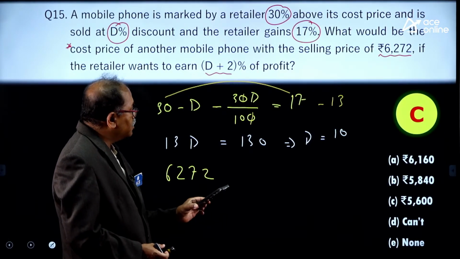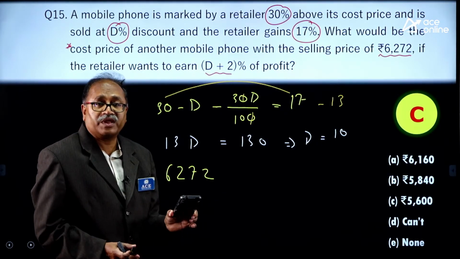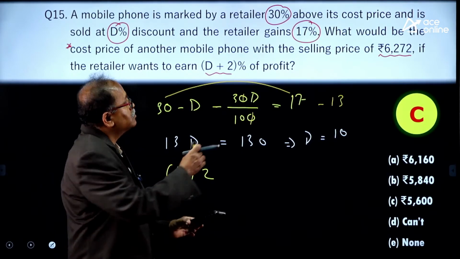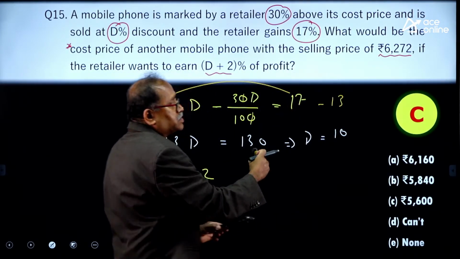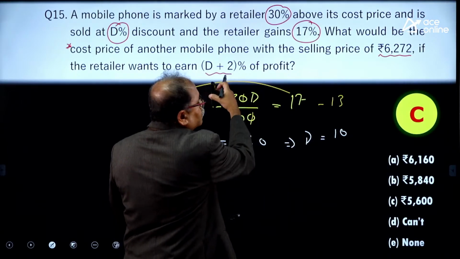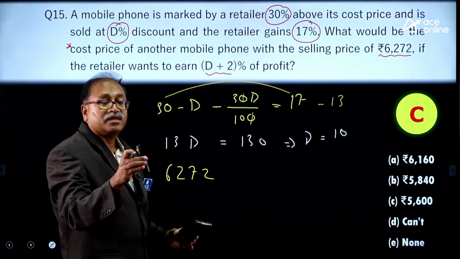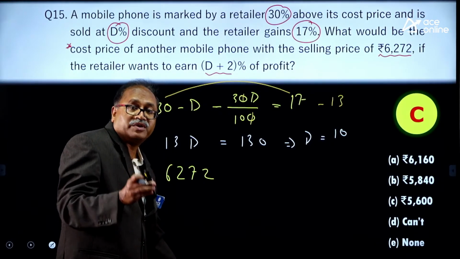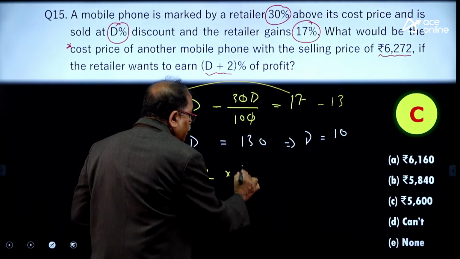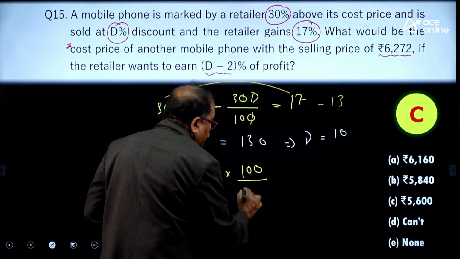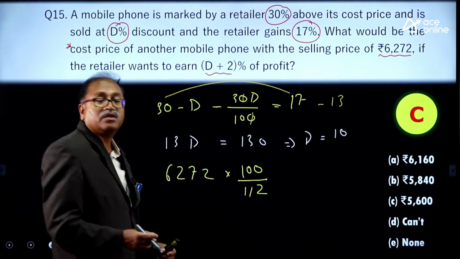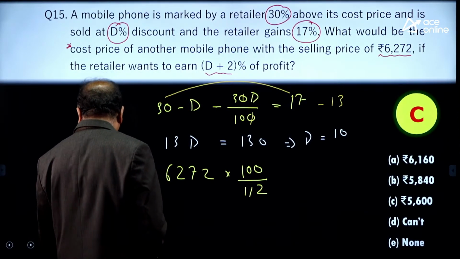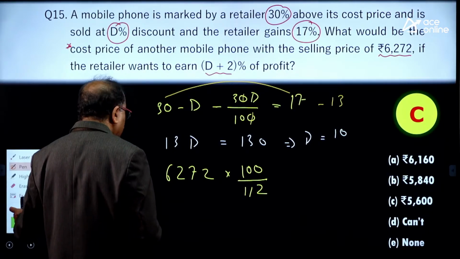Now, my dear friend, I need to find out the cost price, and 112 is the selling price, that is 12% profit, 100 plus 12, there is 10 plus 2, 12% profit. That means the selling price is 112, this one. I need 100%. So, multiply this by 100 because I need to find out the cost price, and divide it by 112. That is all. So, let's see how much I am getting over here.